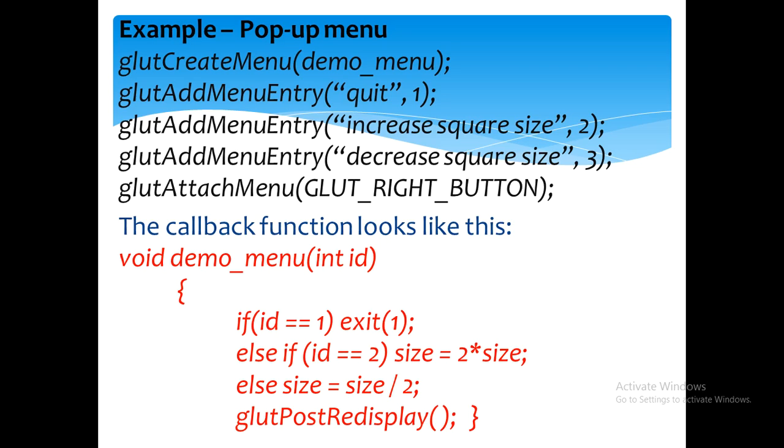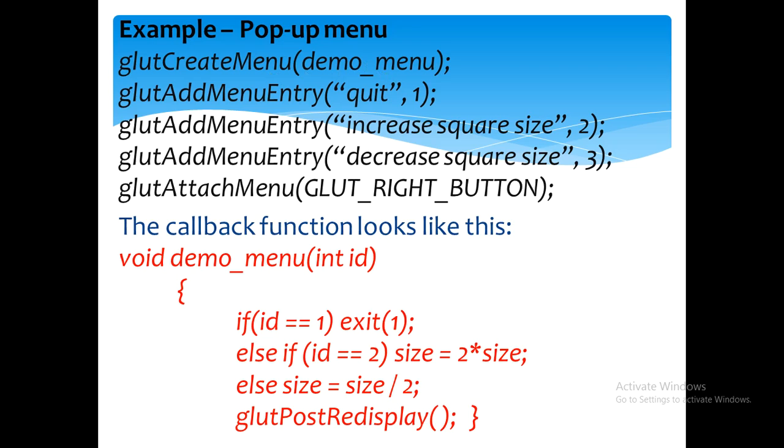One simple callback function I have written here, that is void demo_menu(int id), right? That integer id, when you are creating the demo menu, it will return the id, right? Then you take the id, whatever id it has returned. By default glutCreateMenu, once you create, it will return the id of the menu.